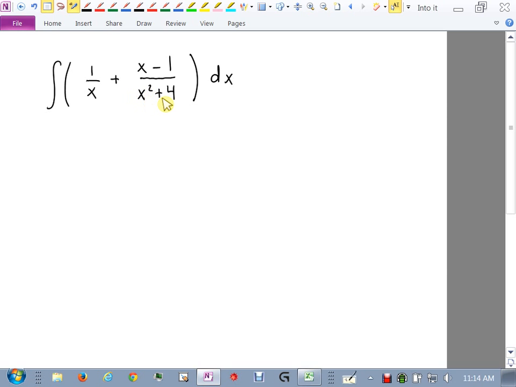The x squared plus 4 should be making you think arctan right now, yes. But arctan will only work if that's a number up here. I've got that x up here. I'm just going to put a check mark next to that one. So over here, I'm looking at this now.